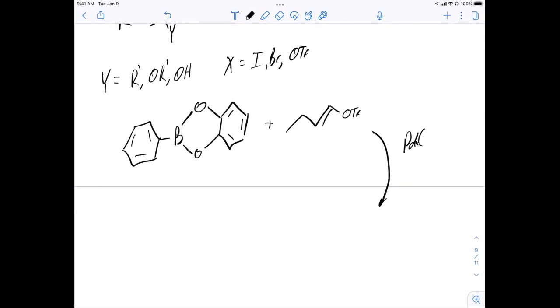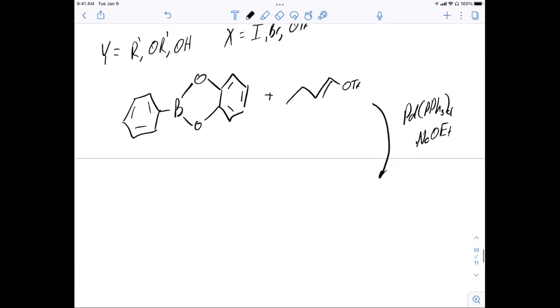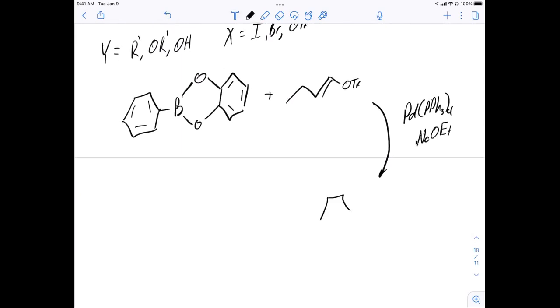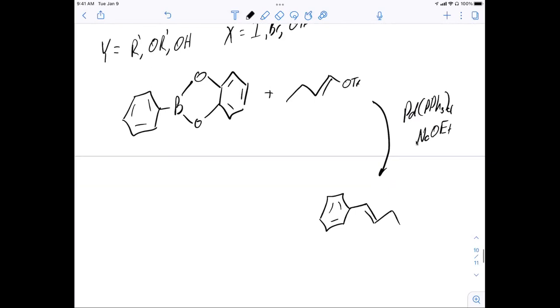Again, we use our palladium. So all of these named reactions here at the end are all going to use the palladium. So similar to the Stille, little bit of difference.